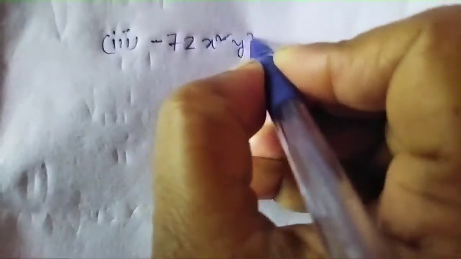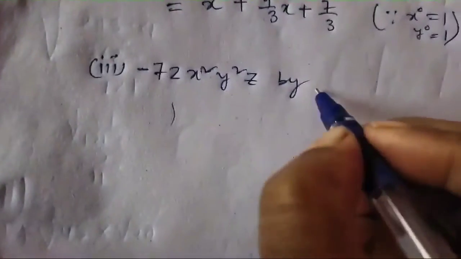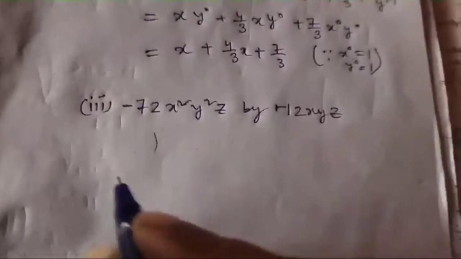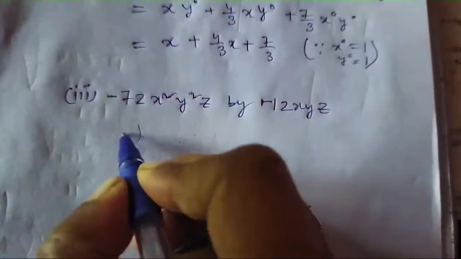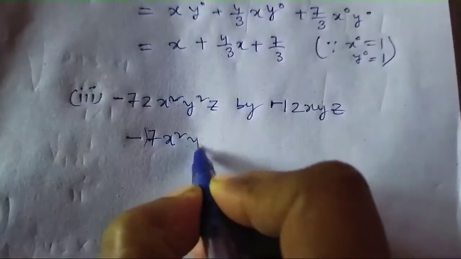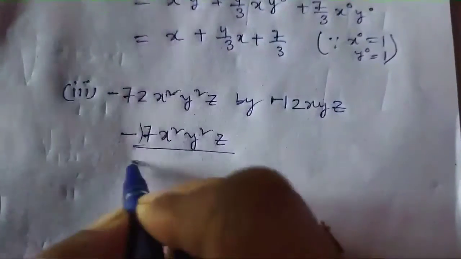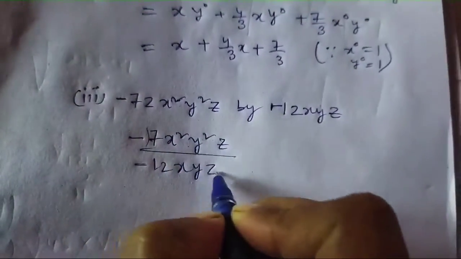Number 3. Minus 72x² y² z by minus 12 xy z. So minus 12x² y² z by minus 12 xy z.